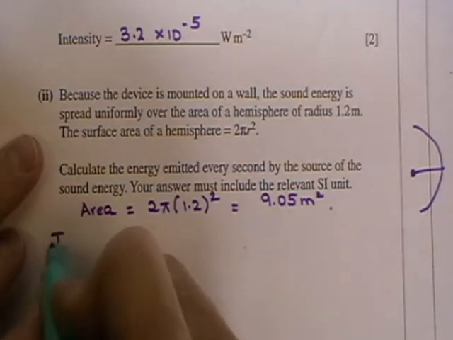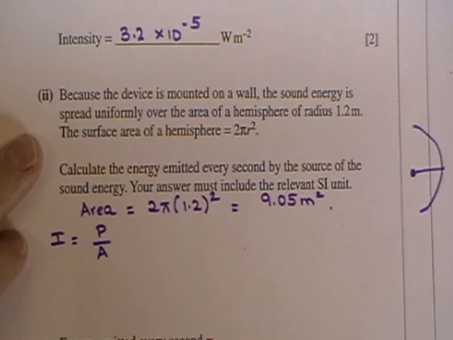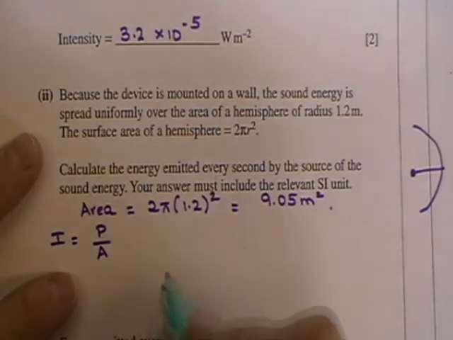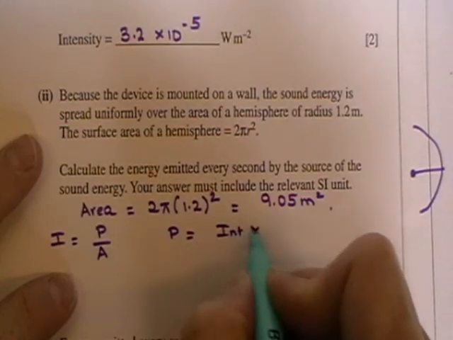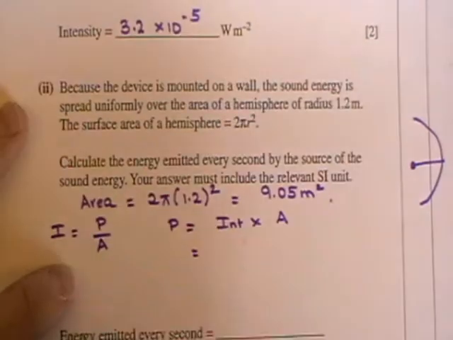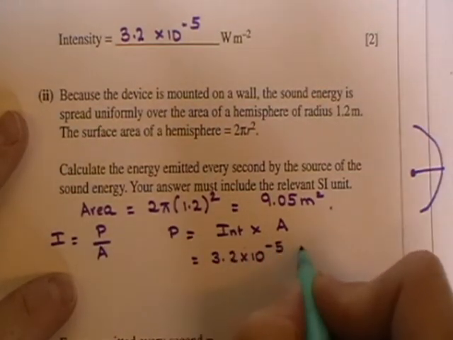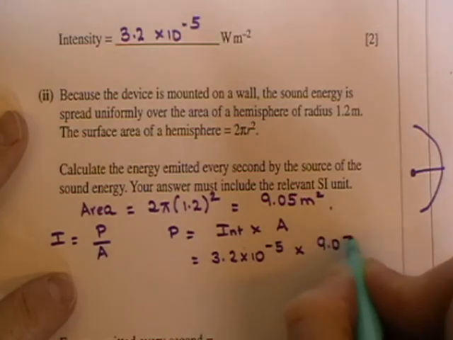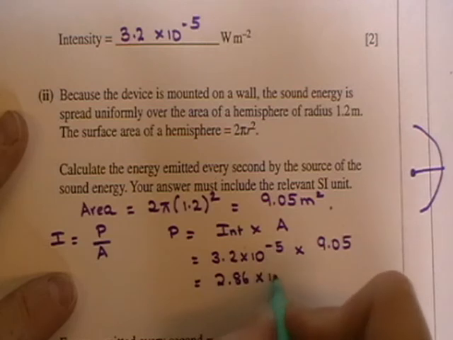Then intensity is power over unit area. We're looking for power, so power is the intensity multiplied by the area. The intensity we worked out above is 3.2 by 10 to the minus 5, multiplied by 9.05, which gives you 2.86 by 10 to the minus 4.